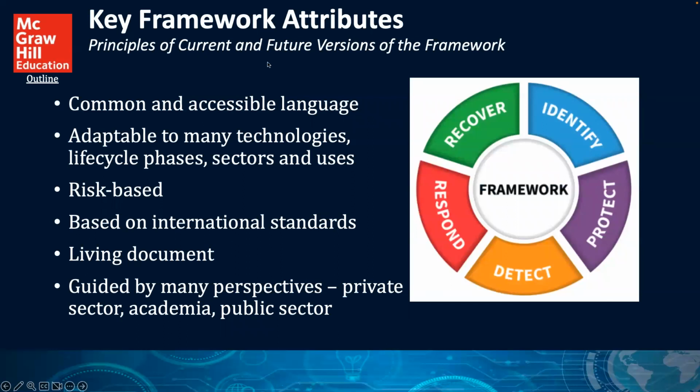The principles of current and future versions of the framework. There's a common, accessible language, adaptability to many technologies, life cycle phases, sectors, and uses. We've seen that a little bit when we talk about the history of various types of machining tools and how they've gotten complicated with more and more details of the programming.